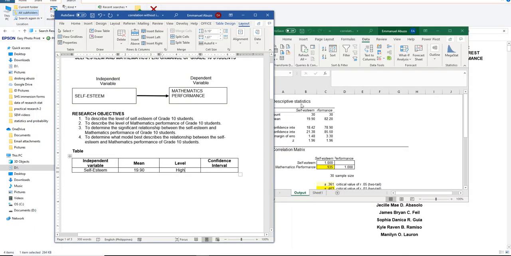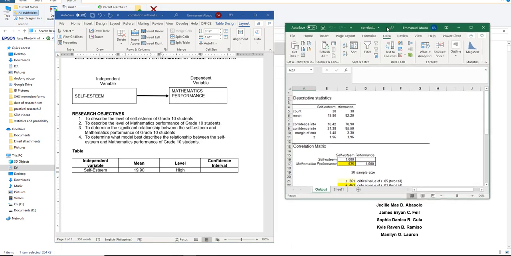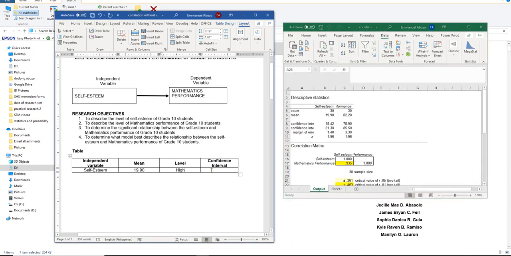So just something like this. We have 18.42 to 21.38. So this means that within this interval, we can get the true population mean.